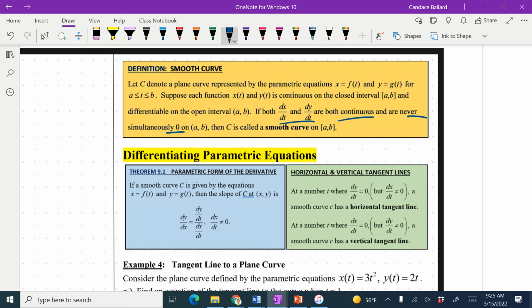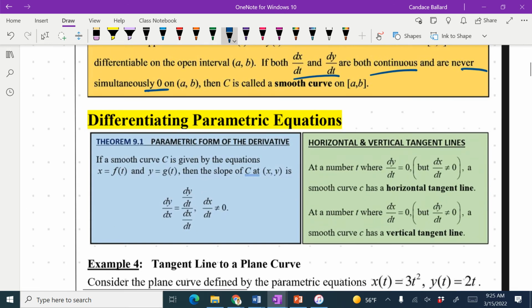Okay. So in the blue box there, it talks about if you're given a smooth curve with the equations x equals f of t and y equals g of t, so basically your functions, then the slope of C, okay, so slope is another name for derivative, right? We've been learning that for 2 years. So basically we're going to take the derivative like we always do, derivative of y with respect to x.